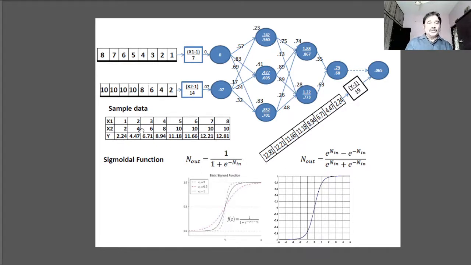For visibility's sake, to show what goes on in a neural network, I have separated the x1 column, which is the input to the first neuron, and the x2 row has been written here.